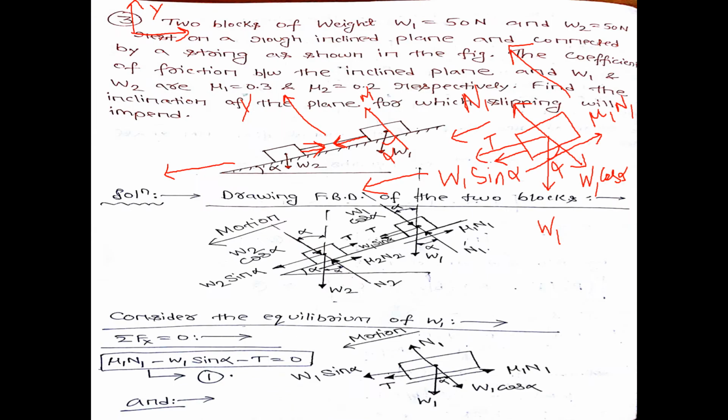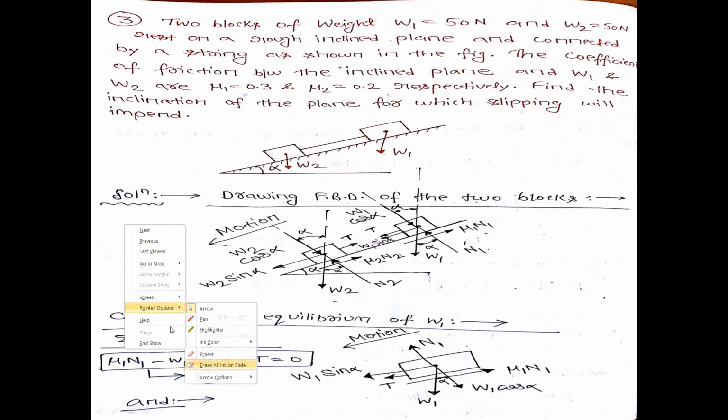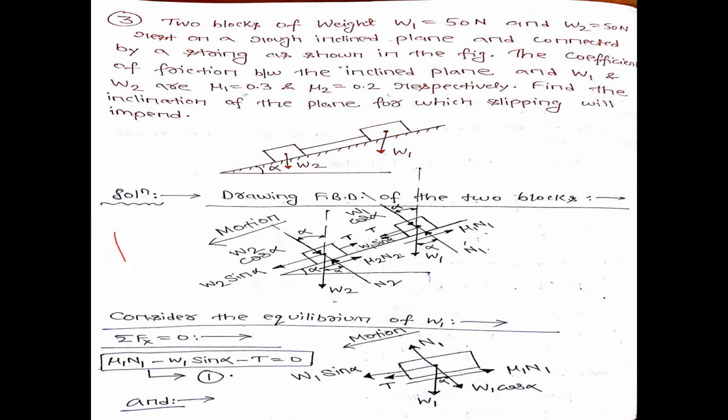Similarly, for the second block, let us draw the free body diagram. This is my second block. Weight of the block W2 acts vertically downward from the center of gravity of the block. The inclined plane will give a normal reaction N2 to this block in this direction.